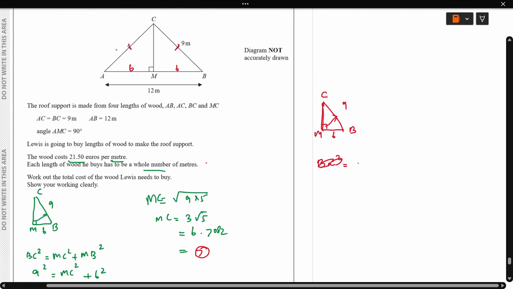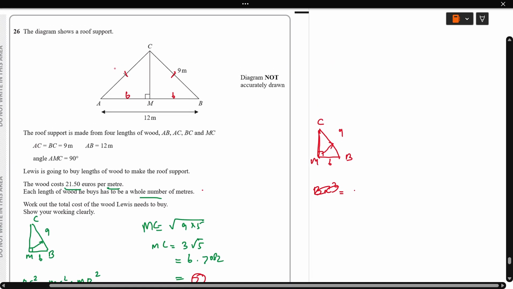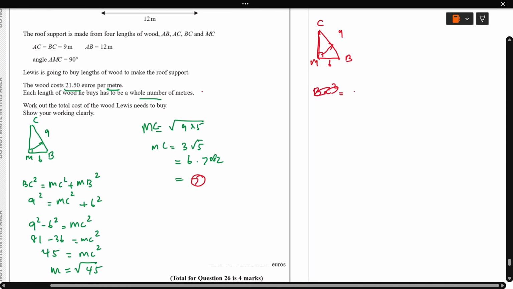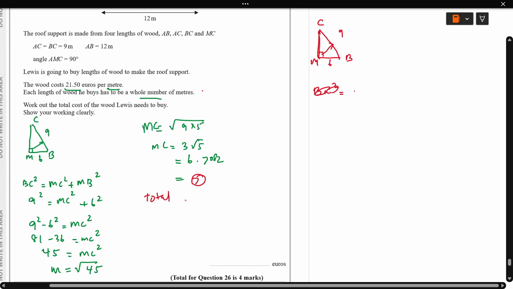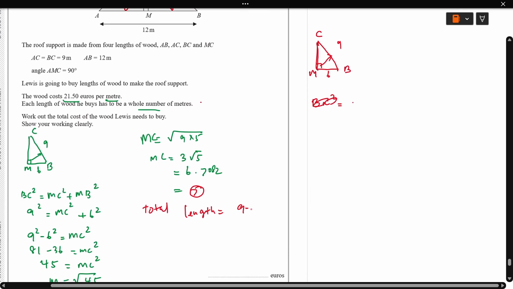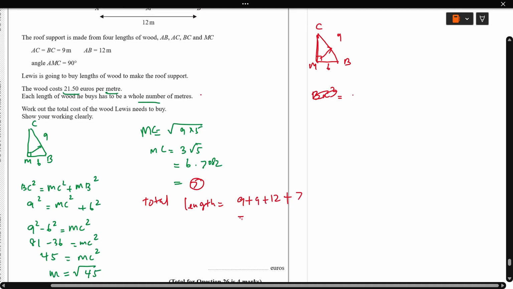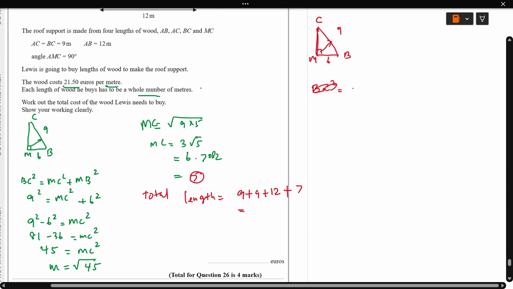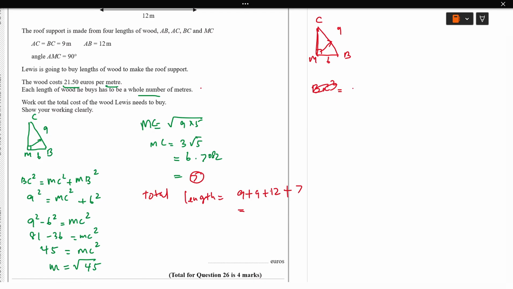Now we have all the lengths, so we should add. This length is going to be 9, so 9. The total length is 9 plus 9 plus 12 plus 7. 9 plus 9 is 18, plus 12, plus 7.